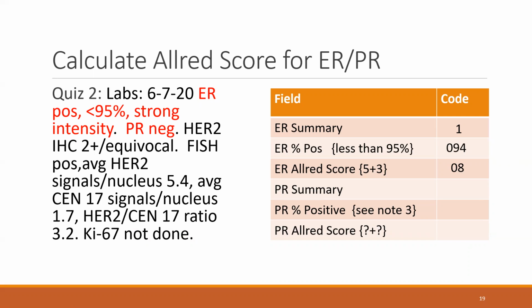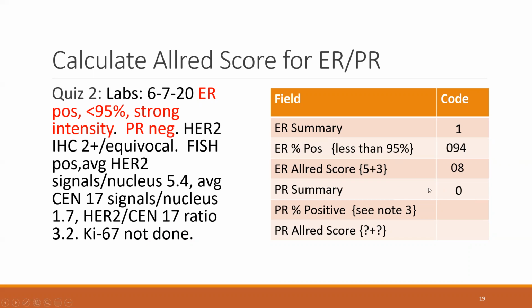For the PR, it was stated as negative. And we don't have anything else. We don't have an intensity, but looking back at slide 12, we do know that a statement of negative allows us to code the percent positive range as 0, 0, 0.